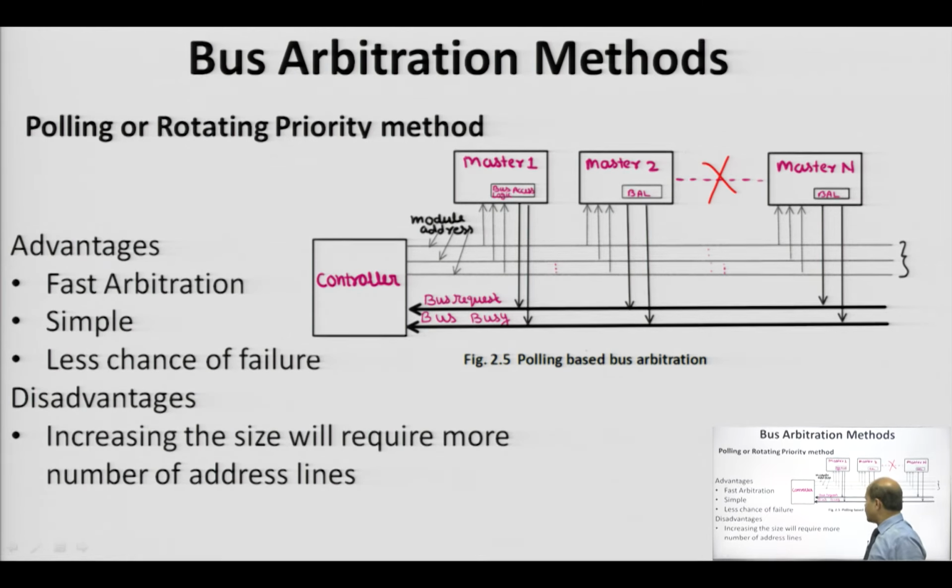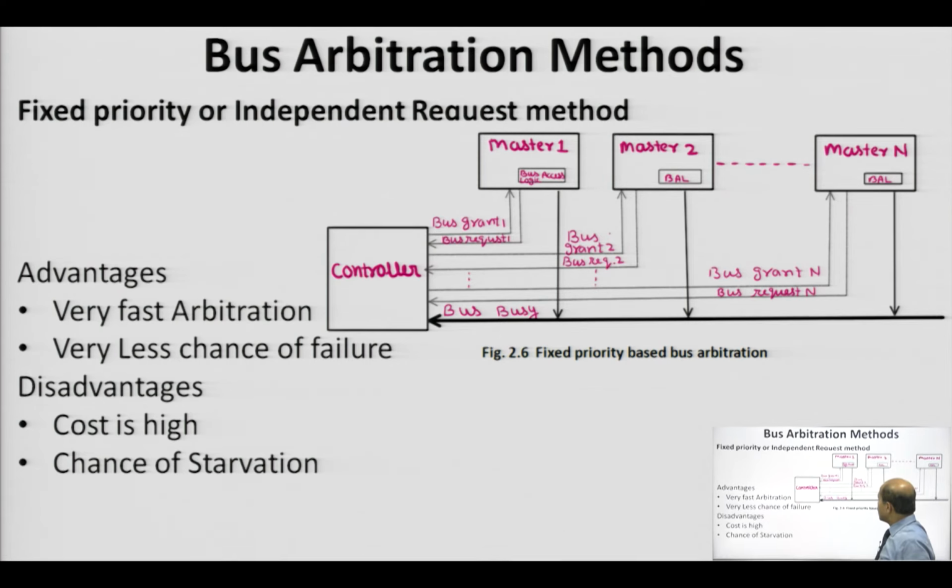To overcome this drawback, the next method proposed is the fixed priority or independent request method. In this case each master has a separate pair of bus grant and bus request lines with the controller.